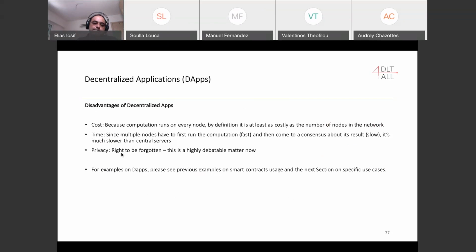Now, a decentralized application at the end of the day is a piece of software.